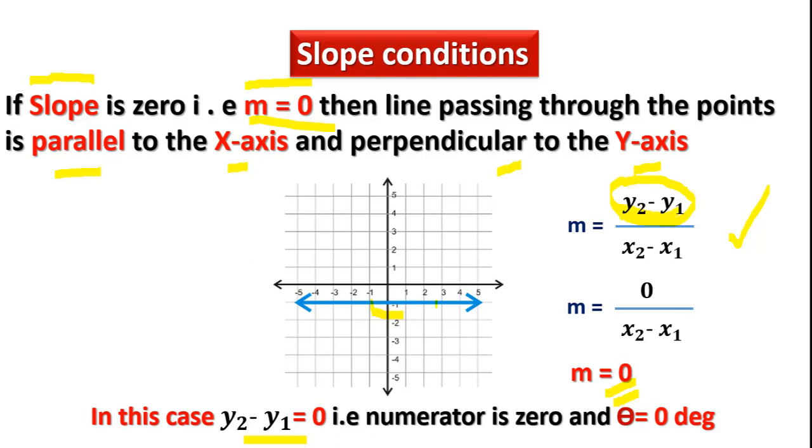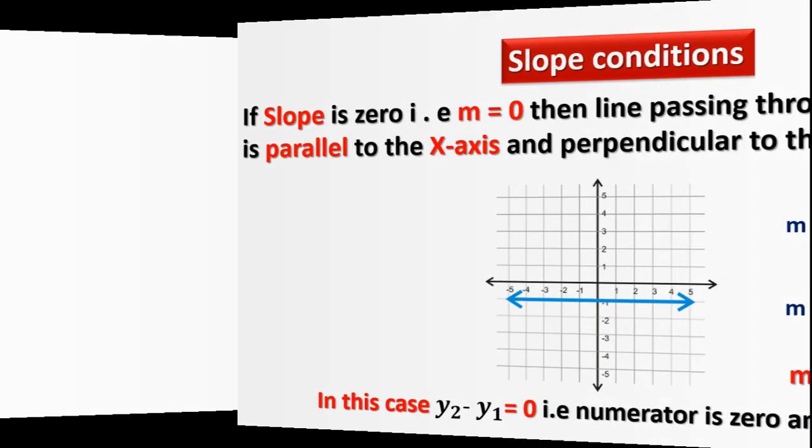Angle of inclination of a line with the positive direction of x-axis, that is theta equal to 0. Automatically slope is 0. In these two conditions, this condition will be applicable. When it is y2 minus y1 equal to 0 or theta equal to 0, in these two cases this condition is applicable. That is, slope is 0 when the line passing through the points is parallel to the x-axis and perpendicular to the y-axis.